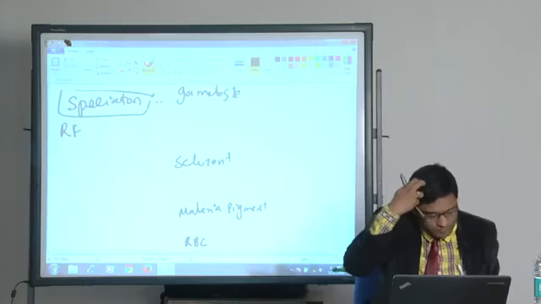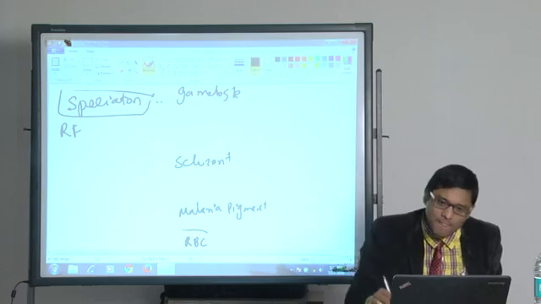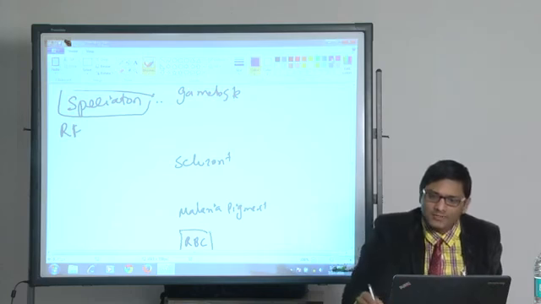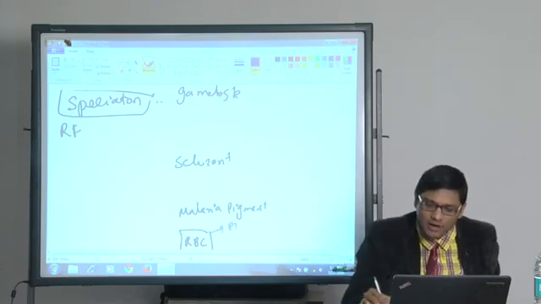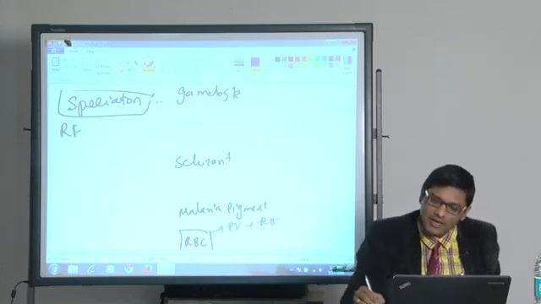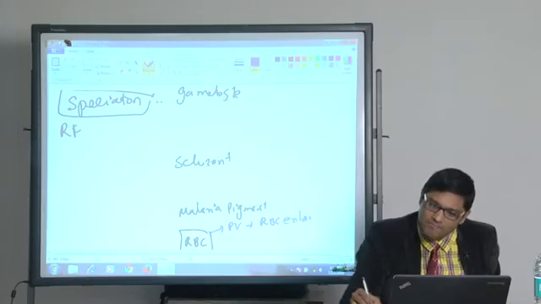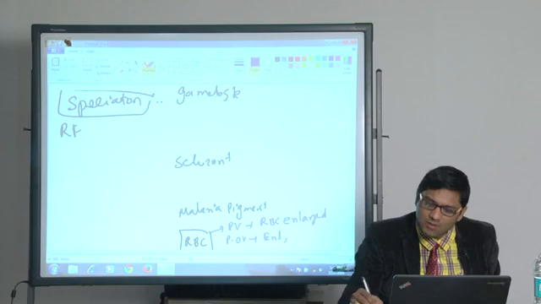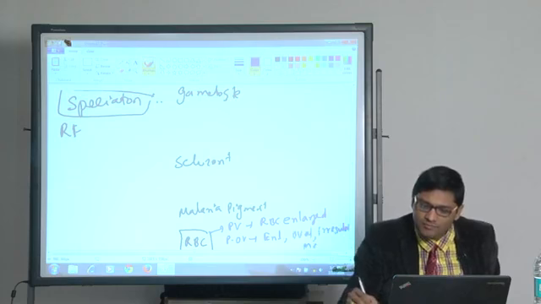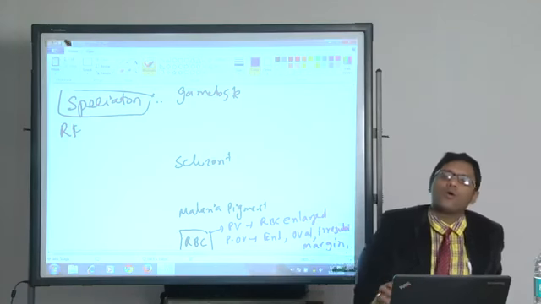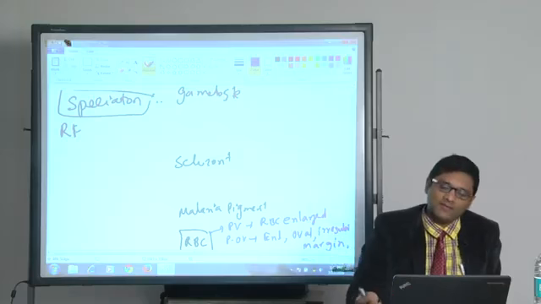For Plasmodium vivax, the RBC is enlarged. For ovale, the RBC is enlarged, oval in shape and having an irregular margin.